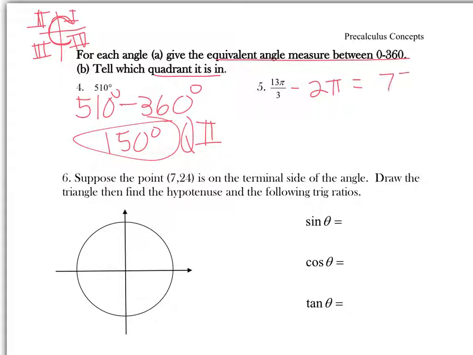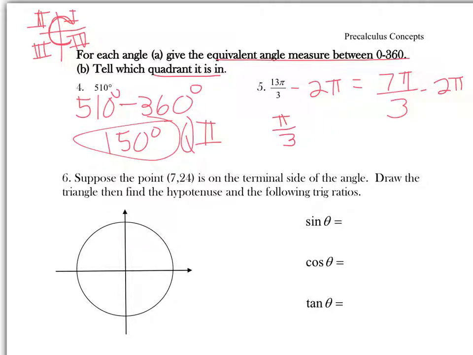I got 7 pi over 3. The problem is that's still more than one time around the circle, so you got to subtract 2 pi one more time, and now you get pi over 3. So this is really the same as saying 1/3.